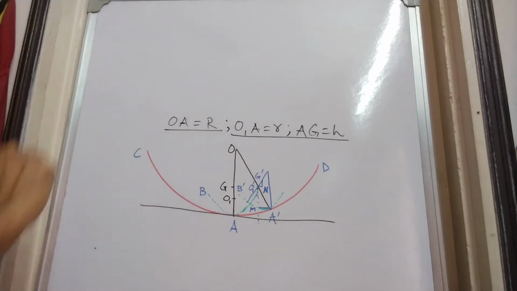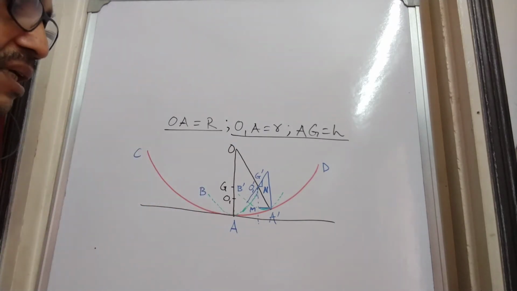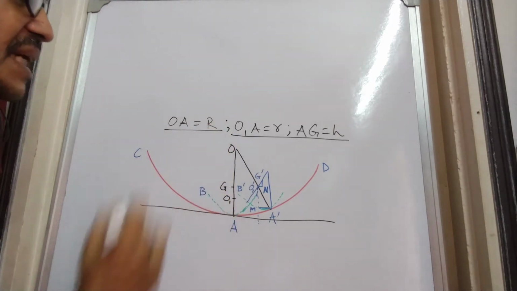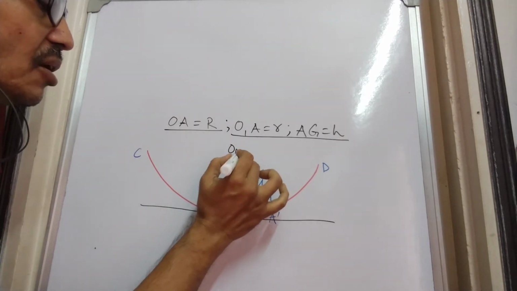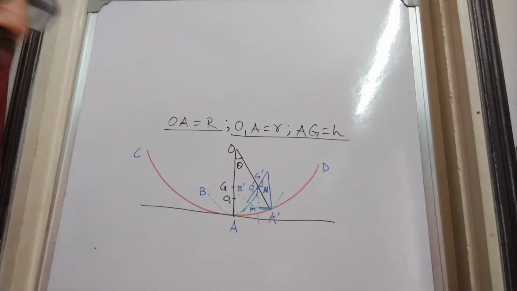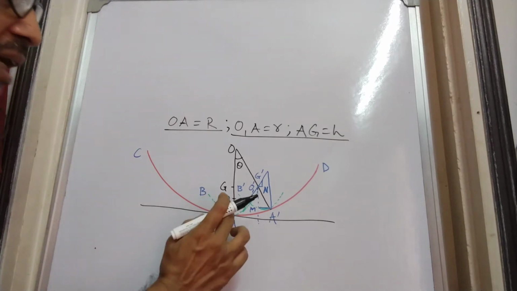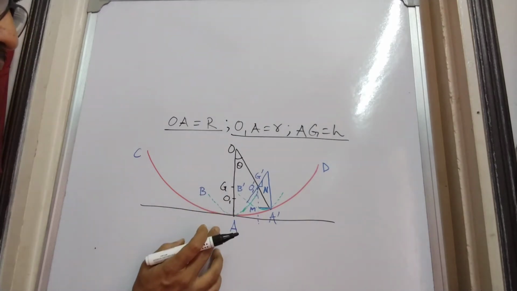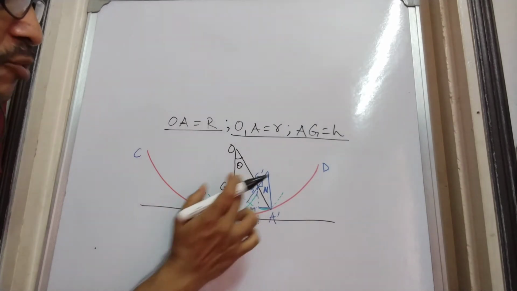We may shift it leftwards also. So what is the angle of movement? We can see that this bigger radius is rotated by an angle, let's say, theta, and the smaller one, O1A, gets shifted to A prime O1 prime.